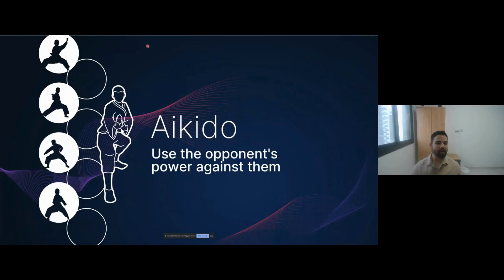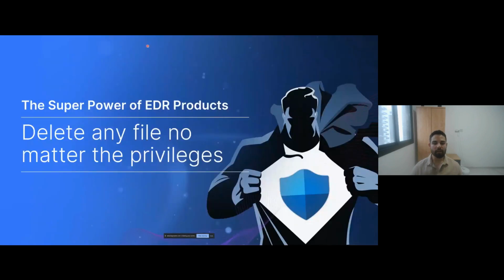It's relevant because EDRs are the opponents of wipers, and EDRs have a very strong special superpower. EDRs can delete any file they want on the system, no matter the required privileges, because they run at the highest trust level with the highest permissions. They must have this ability because potentially any file on the system can be malicious.